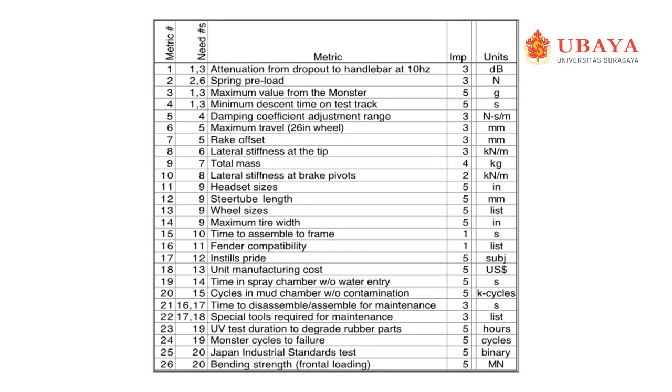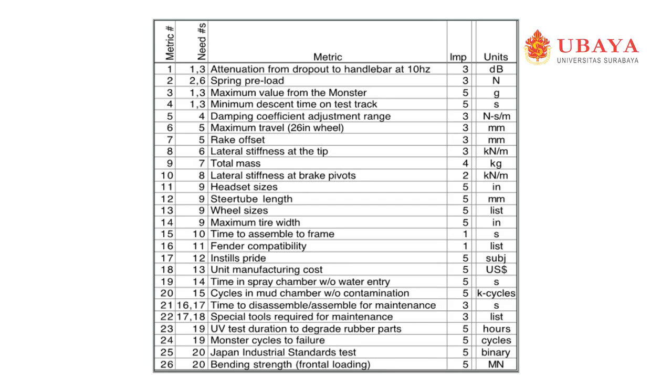Metric number 1 corresponds to needs number 1 and 3. It means that metric number 1, which is attenuation from dropout to handlebar at 10 Hz, can fulfill needs number 1 and number 3.